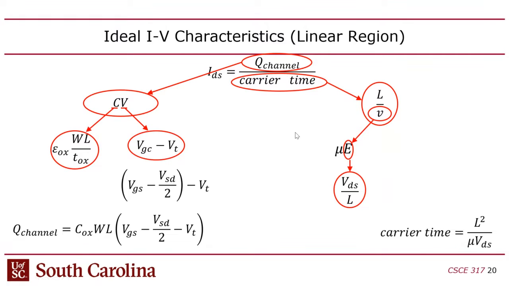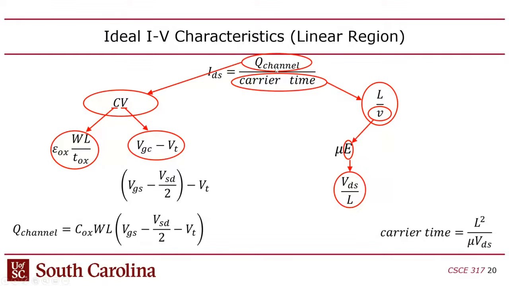So as I mentioned, if you decrease L, then you're going to increase the current. But I also mentioned that the width is also scaled down generally at the same rate as the length. So the transistor, you'll shrink the length and the width together at the same rate. So that kind of cancels out, right?